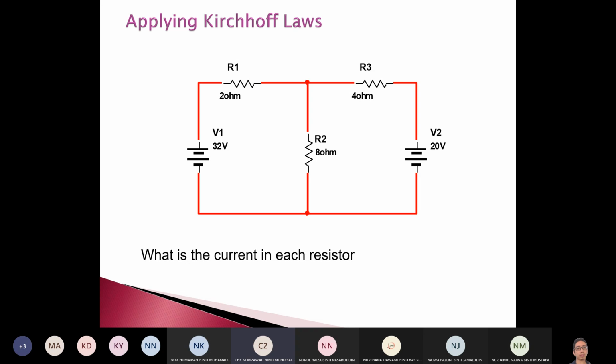So what is your I1? You still don't know it, right? You only know your R right now.